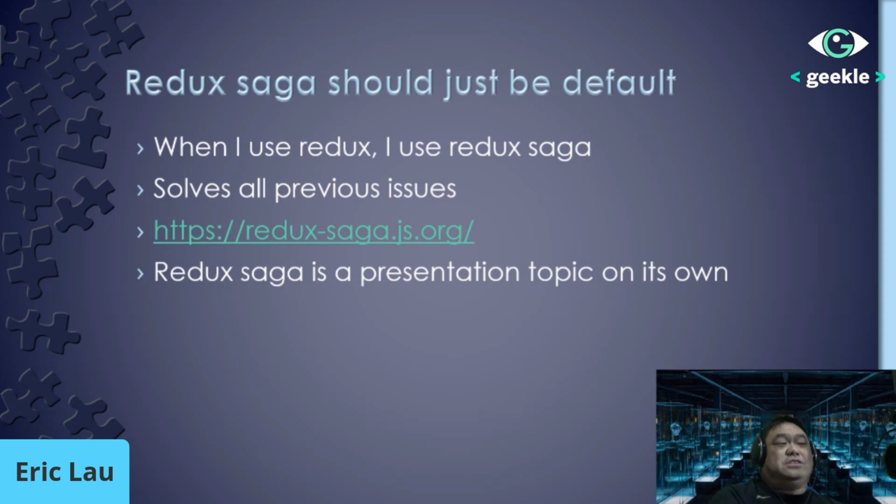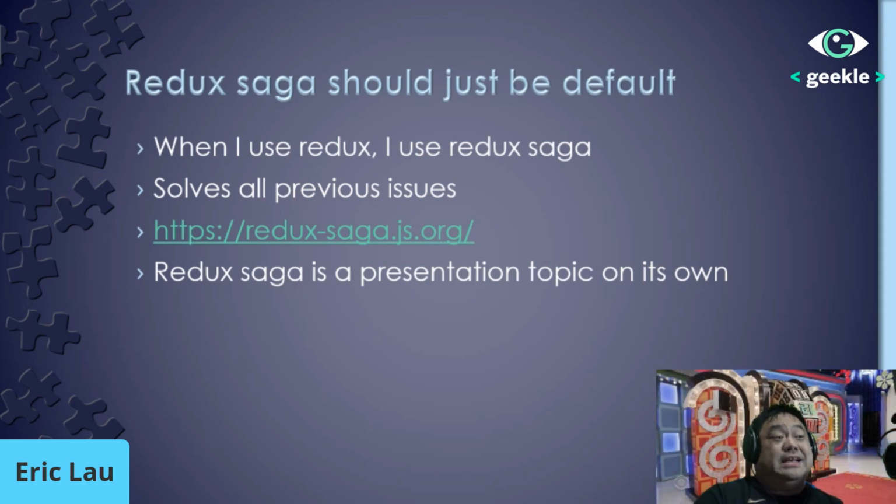So my answer to that would be Redux Saga. That's just what I use as default. It solves all the previous issues I have. You definitely want to check it out. Redux Saga is a presentation topic on its own. I could probably talk for hours on it, but I won't because we're going to run out of time very quickly.